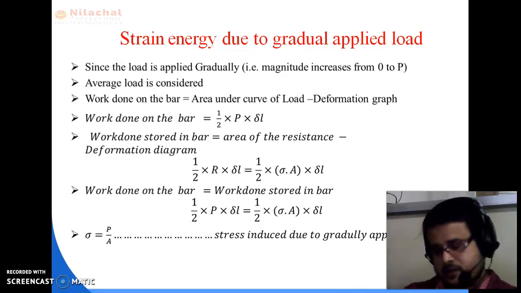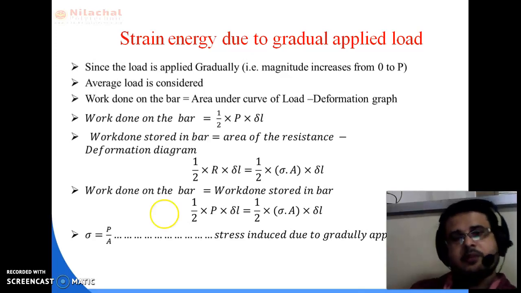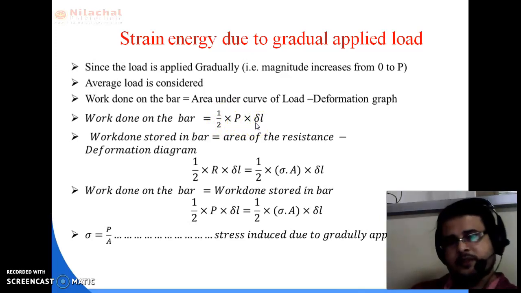We know that strain energy, or the work done by the load upon the bar, is given by 1 by 2 P into del L in case of gradually applied load. That is, average load means 1 by 2 of P, into deformation.